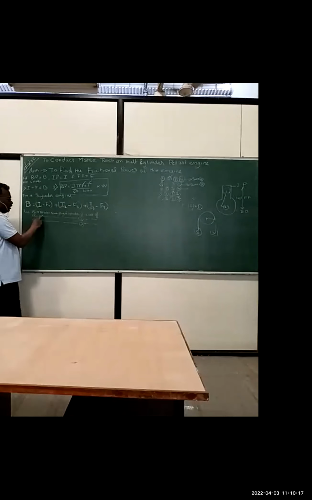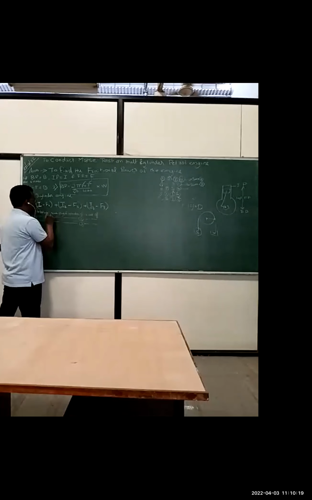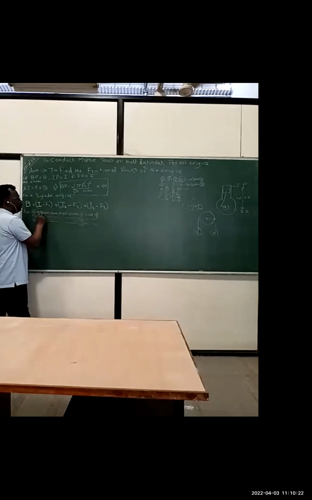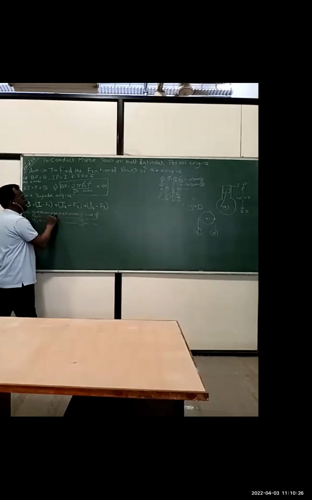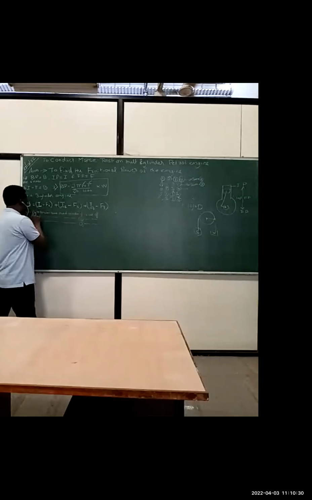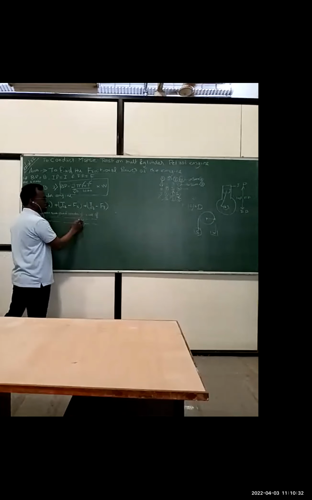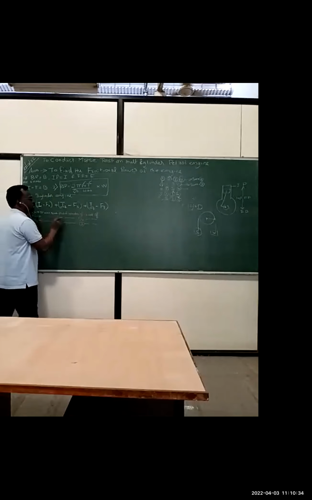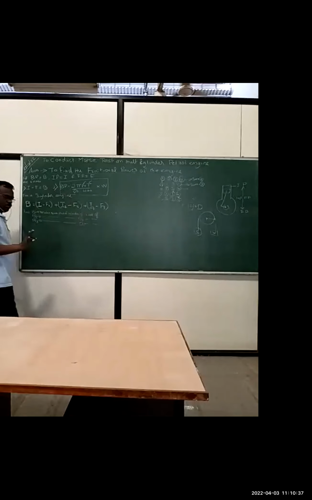B2 I will denote when brake power of the engine, so when I'm saying BP here, it is the engine BP. So brake power of the engine when the spark plug of cylinder number 1 is cut off is B1. Similarly, B2 corresponds to when spark plug 2 is cut off, and B3 corresponds to when spark plug 3 is cut off.